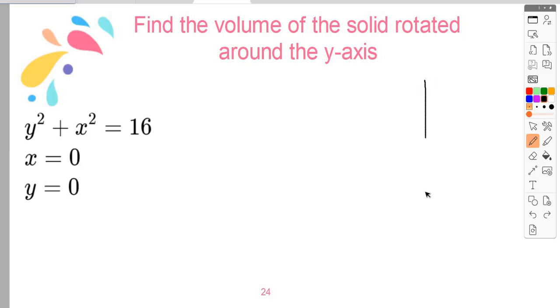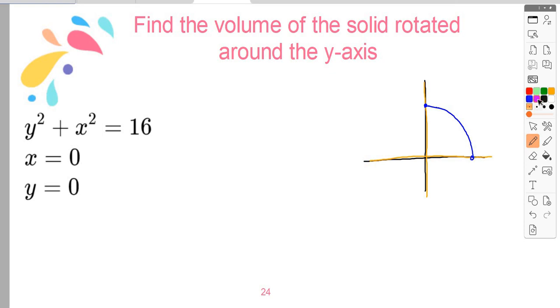So what's our graph look like? Cool. With a radius of 4, and we are also confined by x equals 0, y equals 0, which is our x and y axis. So that means that I'm only in the first quadrant. So we have a quarter circle.